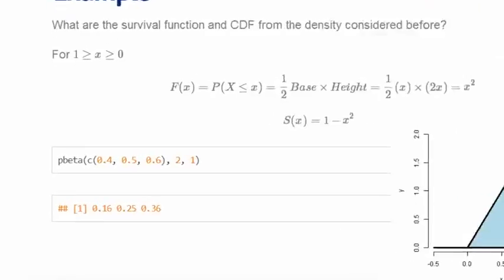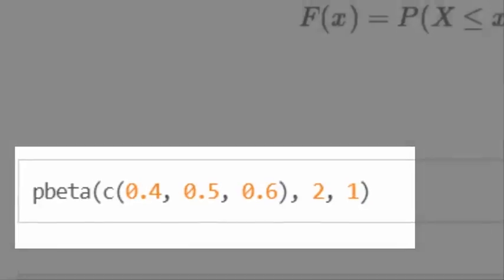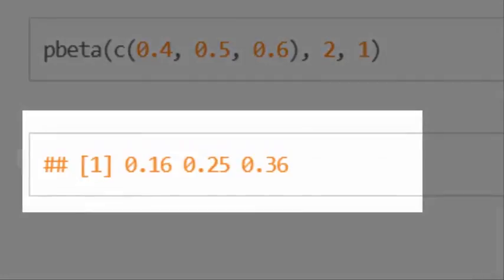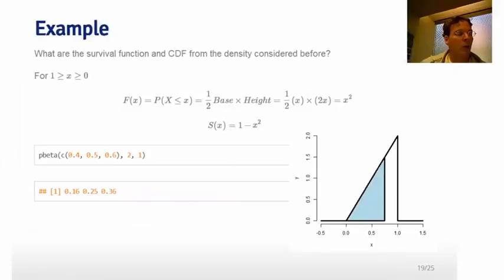Okay, so we see that here when we plug in pbeta, which is our cumulative distribution function in R, for these three values. The 2 and the 1 make it so that we're evaluating this specific beta density, and that works out to be 16%, 25%, and 36%. So the probability that 40% of the calls or fewer get answered on a given day is 16%.